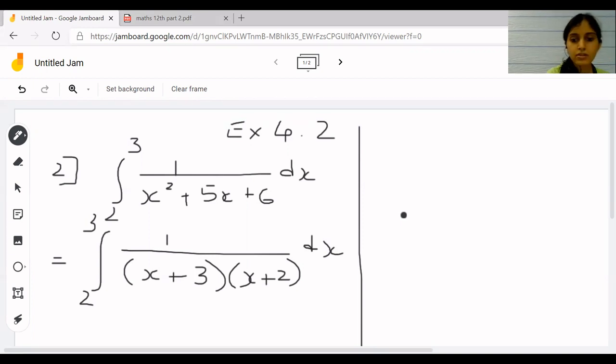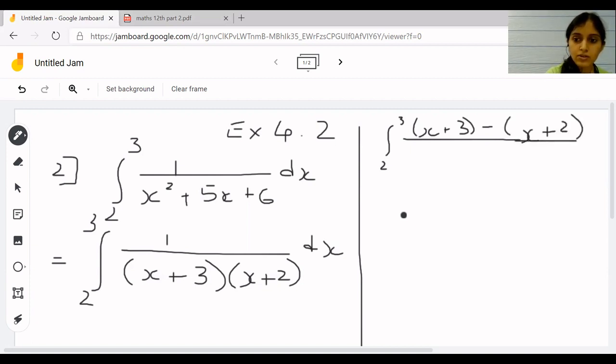We are going to write this in the form of integral 2 to 3, in the numerator we can write x plus 3 minus x plus 2, divided by x plus 3 and x plus 2. So we're just getting the numerator in terms of the denominator, and then we'll separate the denominator.